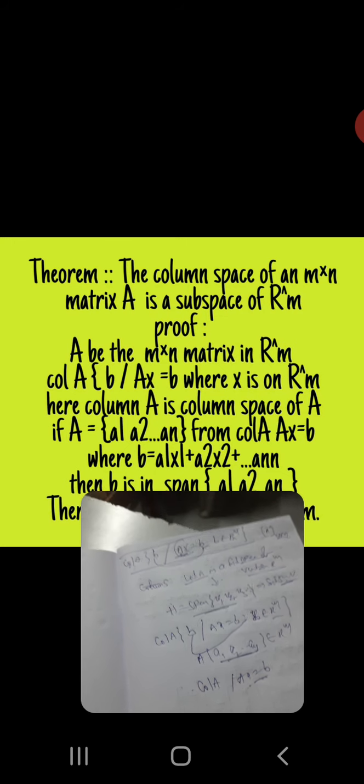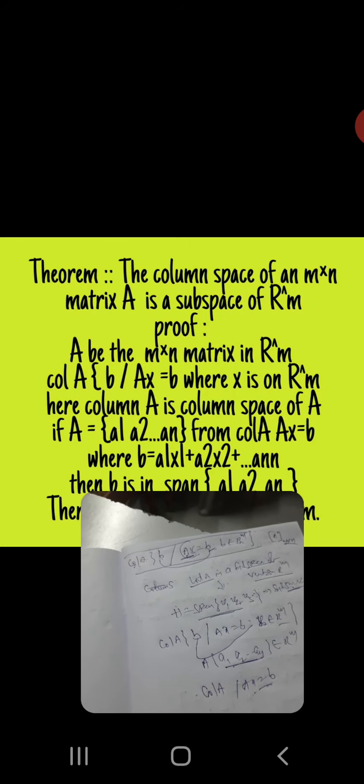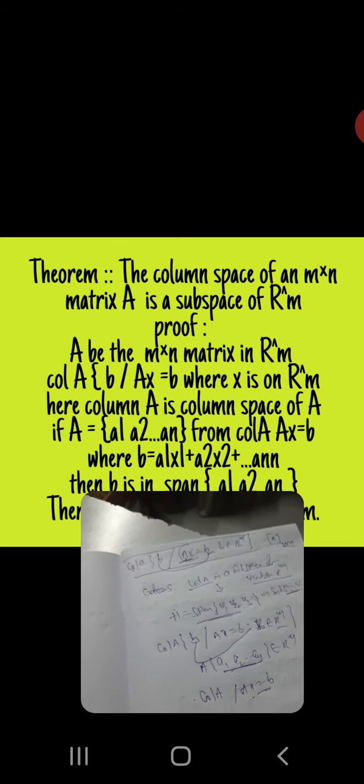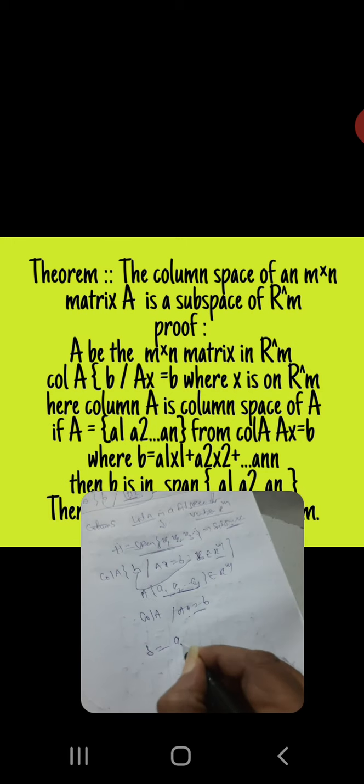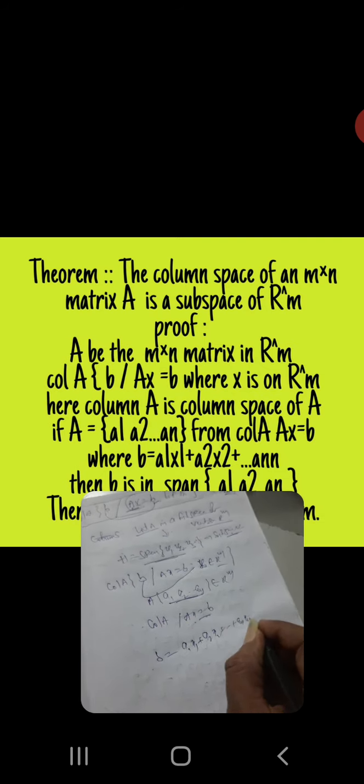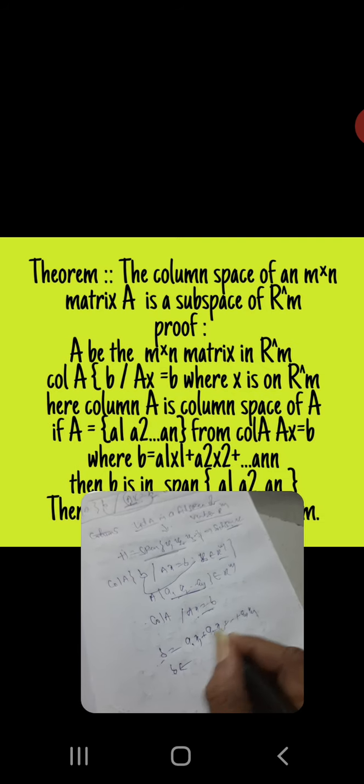B is equal to, what is that? See, B is equal to A1 x1 plus A2 x2 plus and so on plus AN xn. Here B is also in Col A.